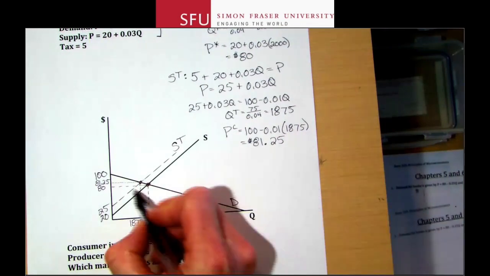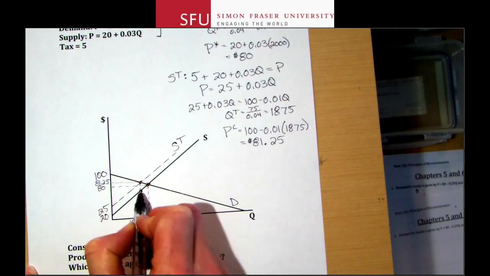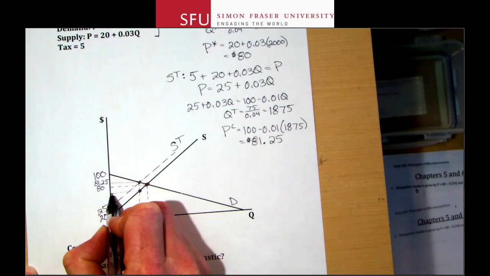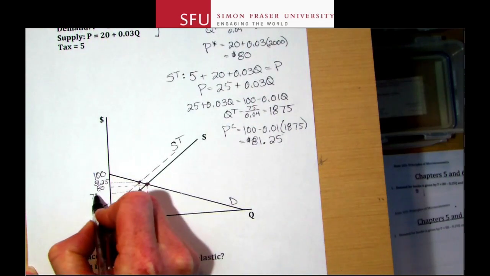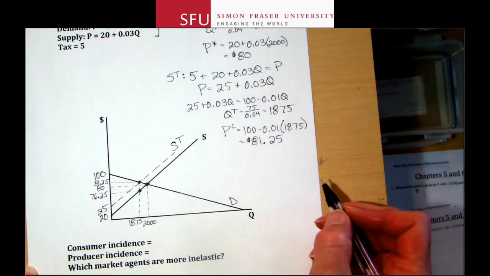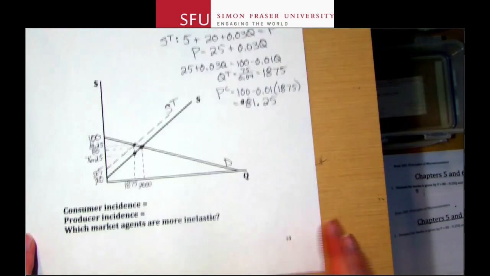And then the price that the producers get, we can just subtract the $5 tax. You can use the original supply function, or you can just subtract the $5 from the consumer price. So that would be 76.25.